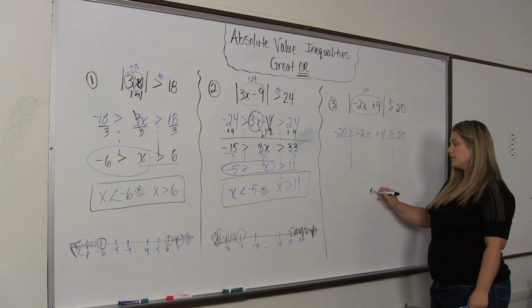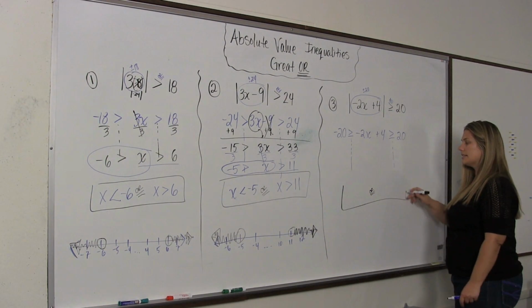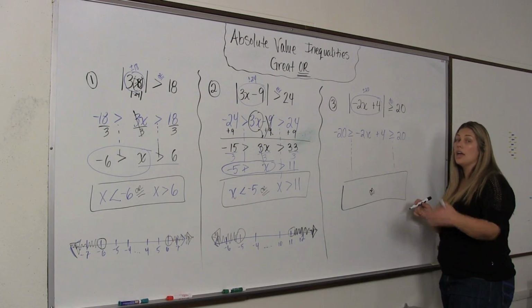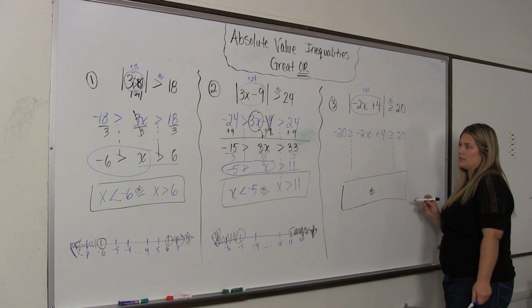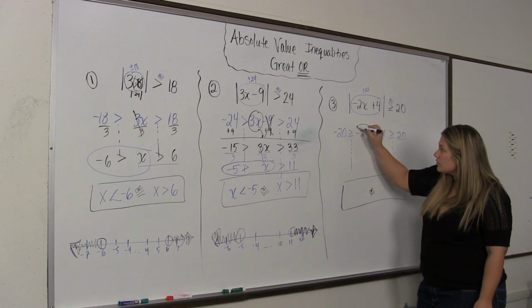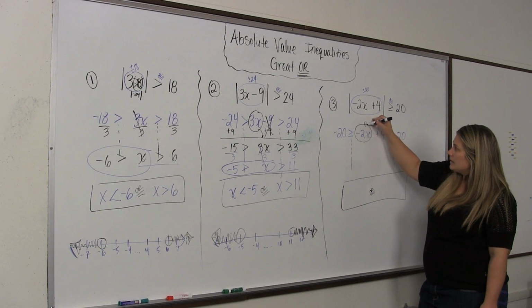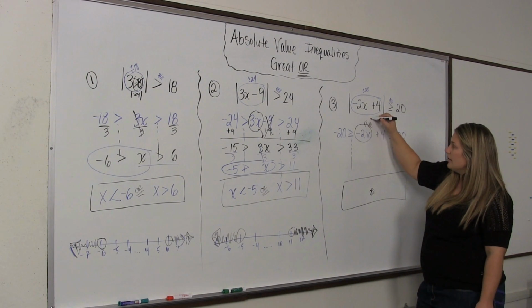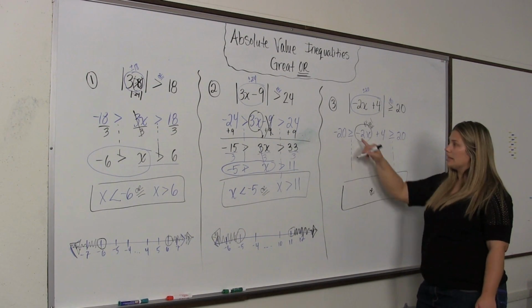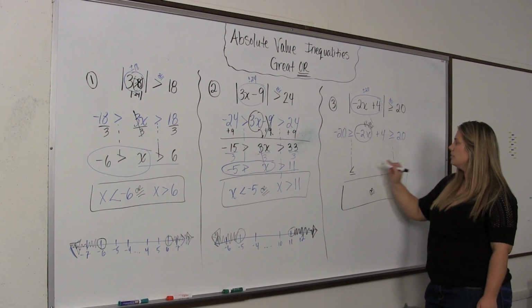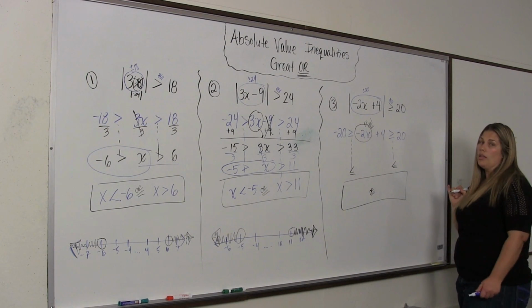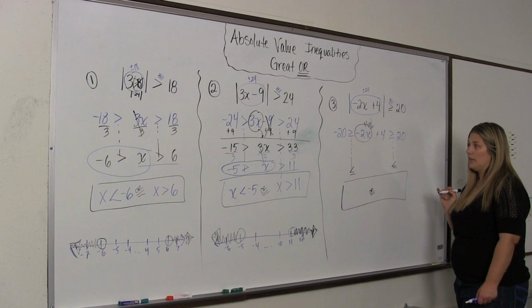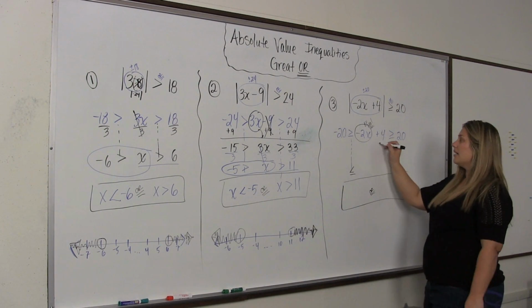If that's not true, remember that means our answer needs to split and it's going to become an or for our final answer. The extra step for this one is my best friend is negative. And remember, when my best friend is negative, I'm going to have to flip those inequality signs for my final step. Everything else is exactly the same.